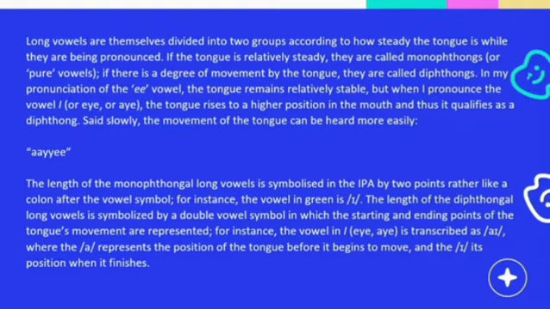For instance, the vowel in I is transcribed as I, where the A represents the position of the tongue before it begins to move, and the E its position when it finishes.